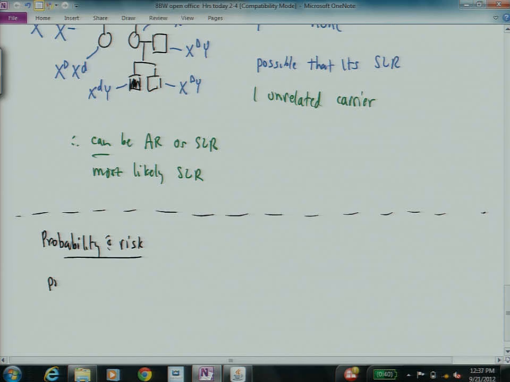So probability, just to be very rigorous about this, sometimes abbreviated P, is the chance, or the likelihood, that something will happen.